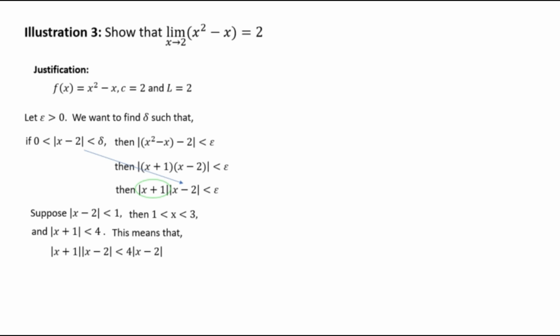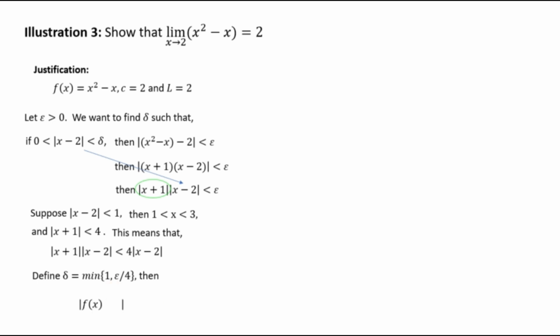Hence, our definition of delta would be, accounting for this additional assumption, not only epsilon over 4 but the minimum between epsilon over 4 and that introduced delta, or supposed delta.